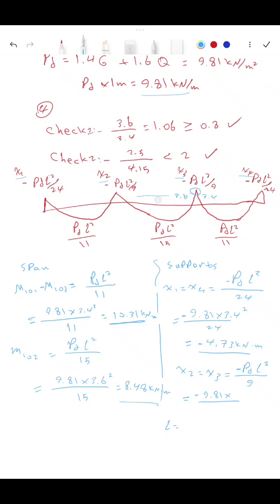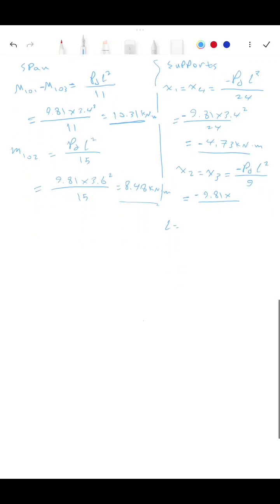The support is in the middle between two spans, so it will be the cumulative value of the two spans surrounding it divided by 2, so it will be 3.5. So times 3.5 square divided by 9 equals 13.35 kilonewton times meter.